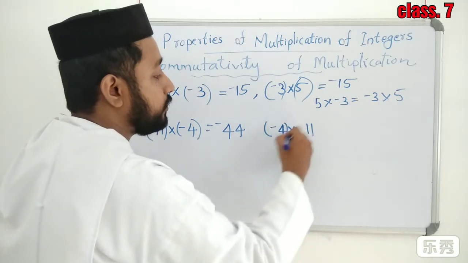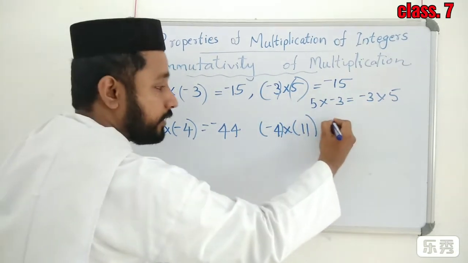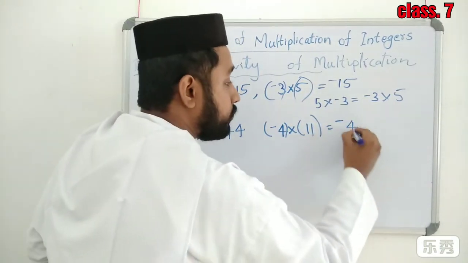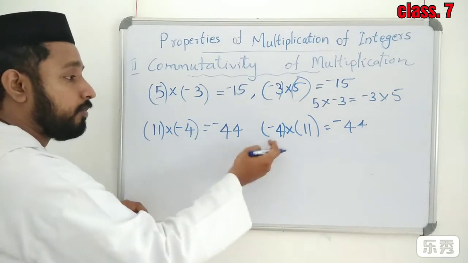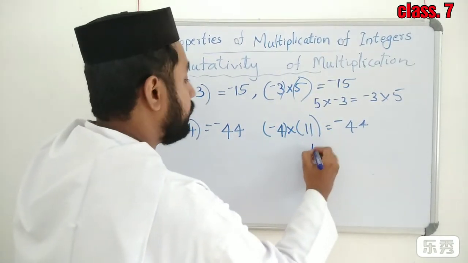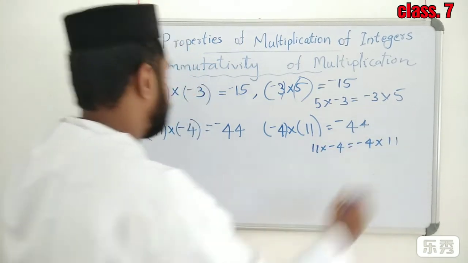So minus 4 into 11. One negative into one positive, answer is negative. 4 into 11, 44. So minus 44. So we can write 11 into minus 4 is equal to minus 4 into 11.